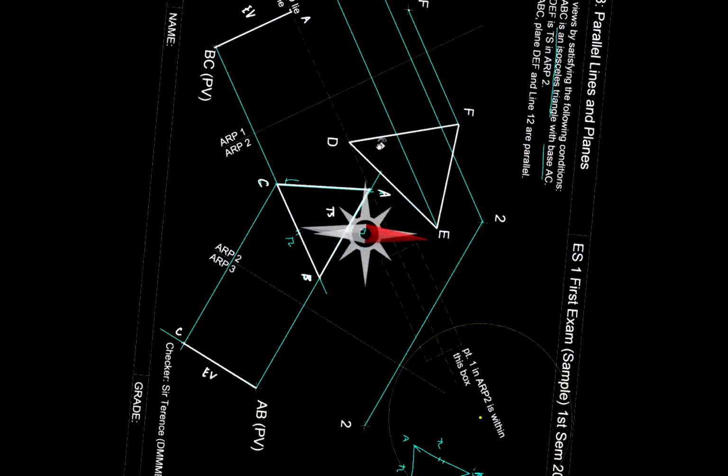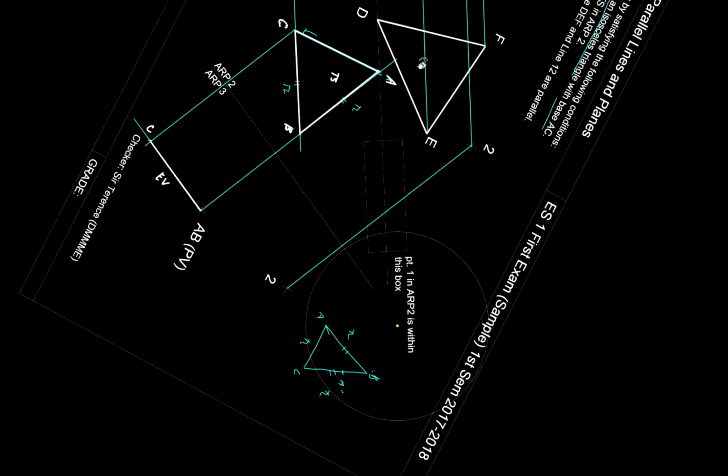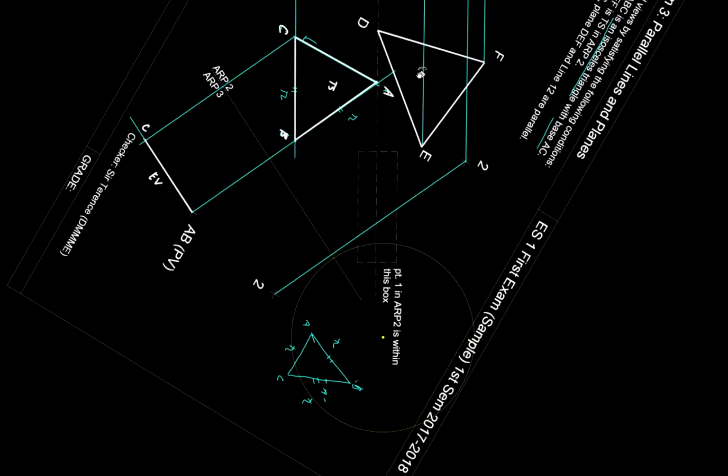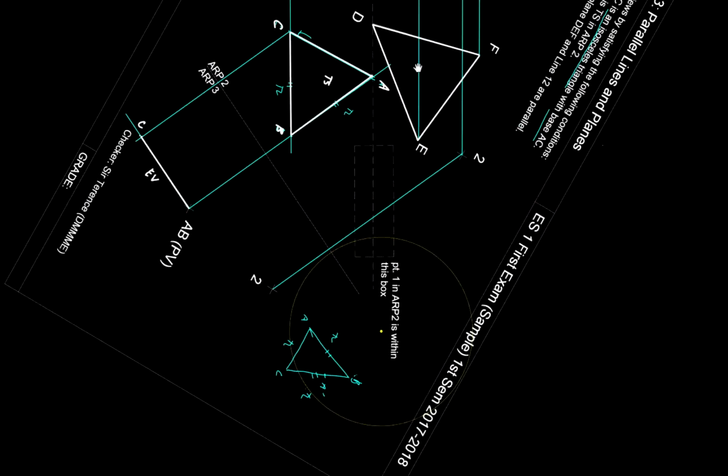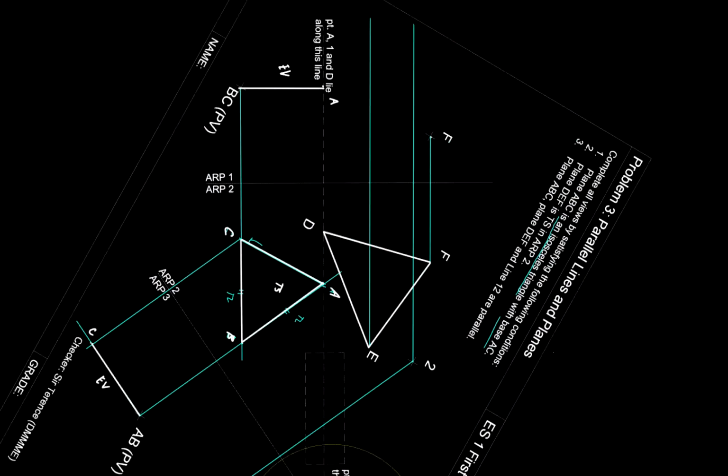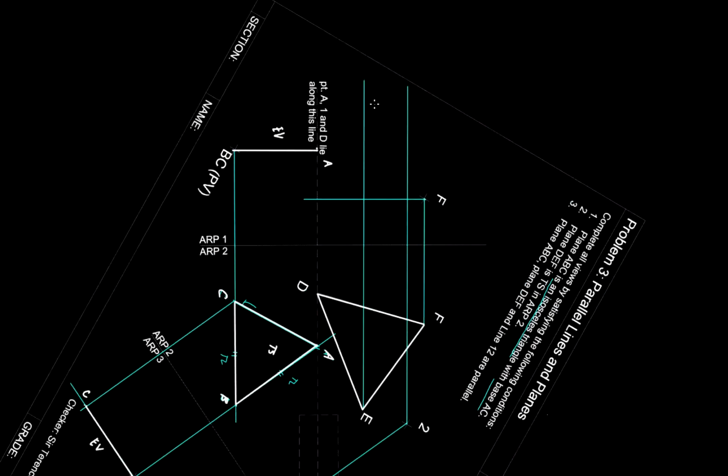So if I create a parallel line, let's create parallel line. Parang ganyan. So this is the location of point D, this is point D, and this is point E.